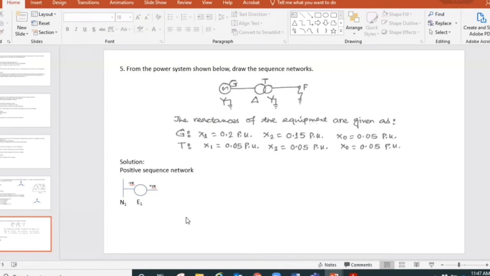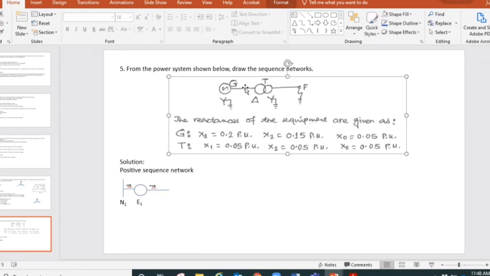So we have shown the generator with its voltage E1, where the 1 is for positive sequence, not for generator number 1. E represents the voltage, and 1 the positive sequence. The negative side and positive side are shown so that we know the flow of current and its direction. I just extended the line to make sure that it is the line there.